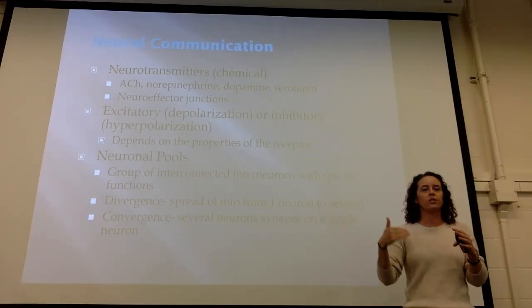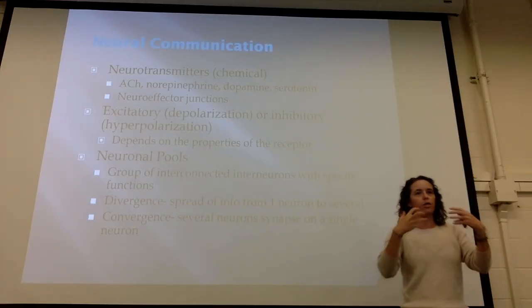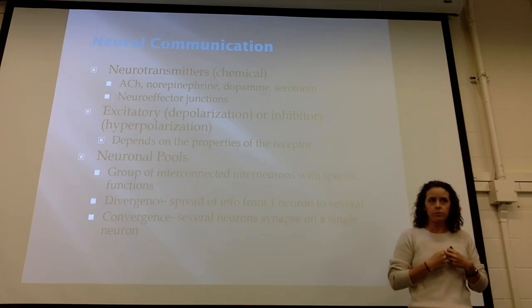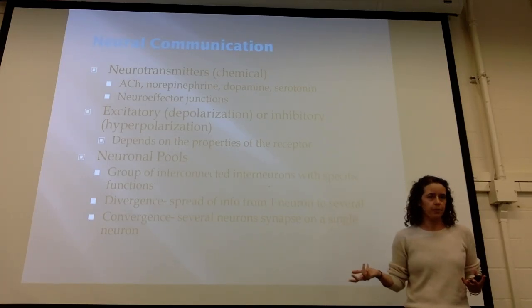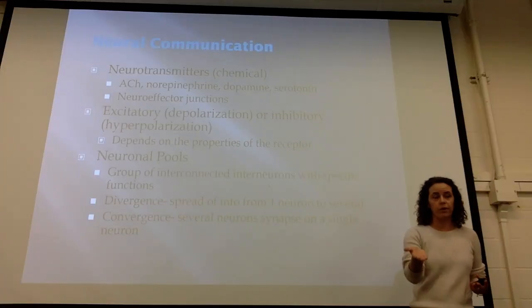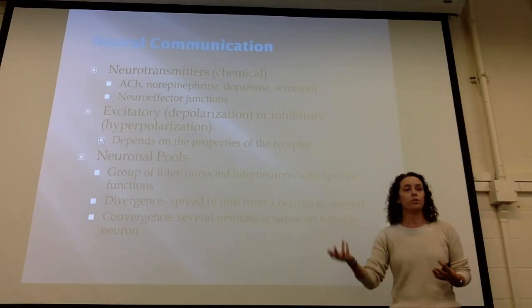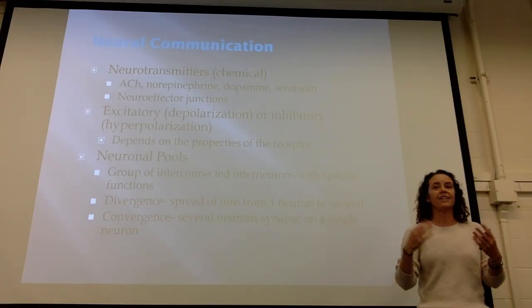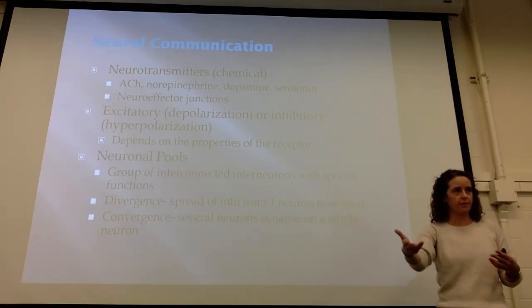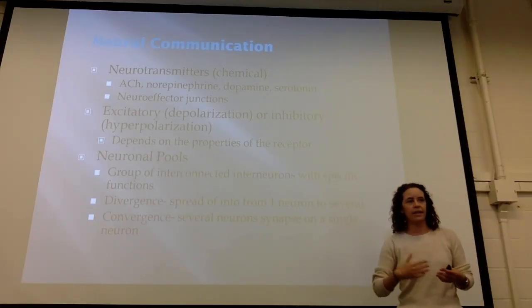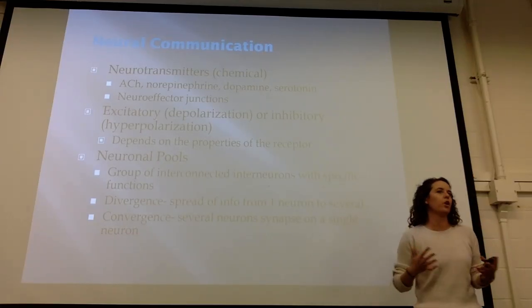The way that signal is received is dependent upon the receptor cell. And we will talk about specific examples as they pop up. But the example that we're familiar with, skeletal muscle, that would excite the next cell, meaning make that muscle contract. Excitatory. Inhibitory is making something stop.